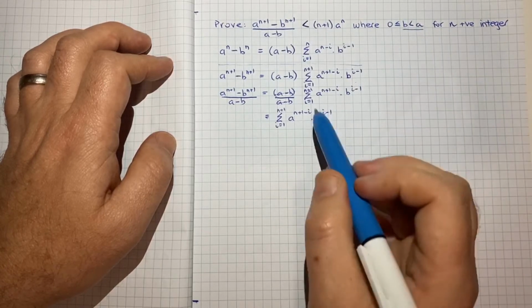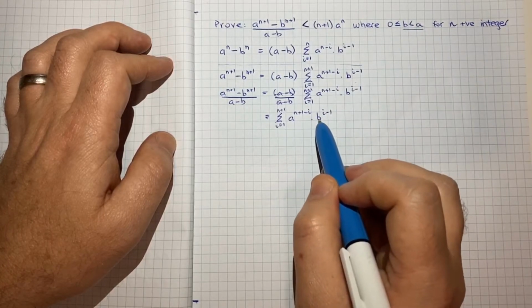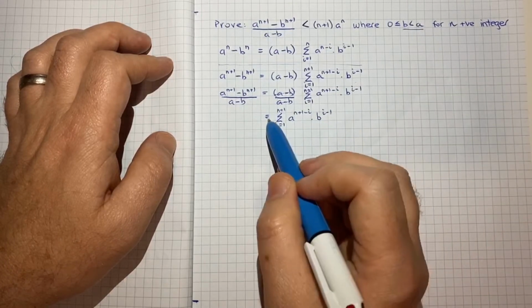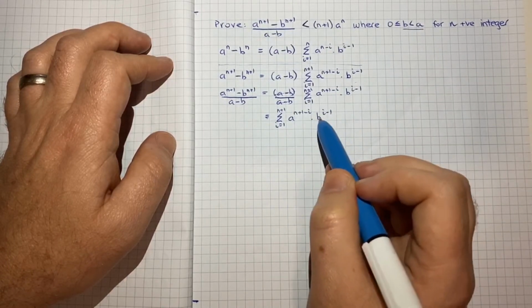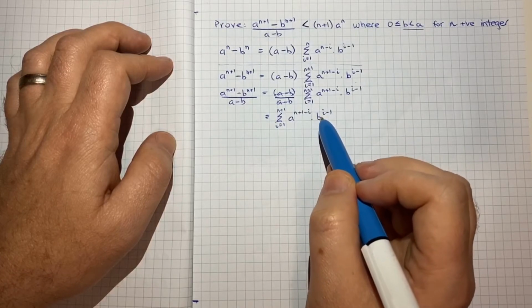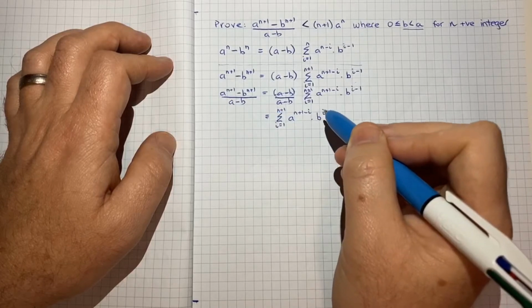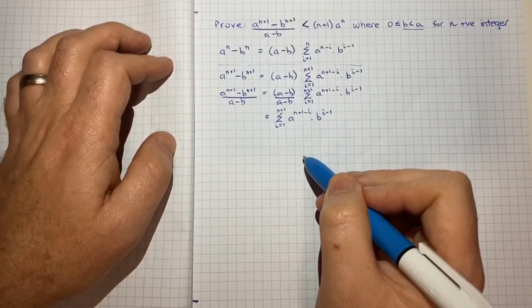So if in what we've got right now I replace b with a, then suddenly I can use my inequality, because I know for sure that replacing b with a will mean whatever I end up with will be greater than what was there before.